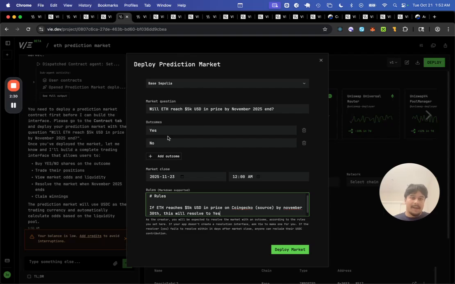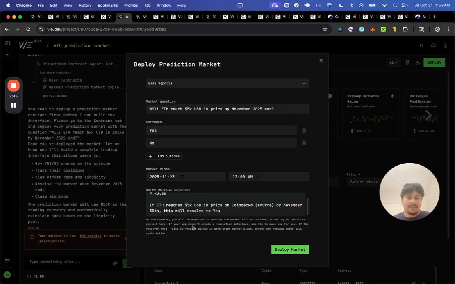And we can have it be a binary outcome market, but of course, if you have another type of market, you can add as many outcomes as you want, and you can have markets with many outcomes. And finally, importantly, as the creator, I'm also expected to resolve the market. So you can actually also delegate the resolver to be somebody else, like another address, an oracle, another contract, whatever it may be.